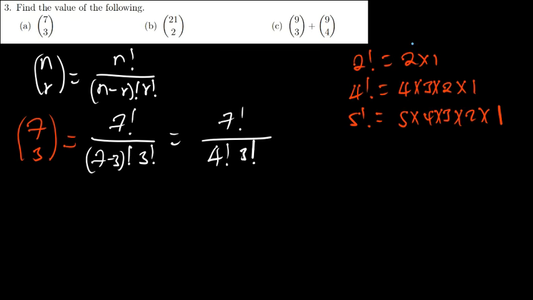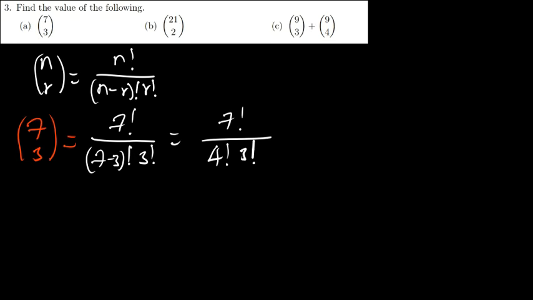Now, down here the biggest number I have is 4 factorial. So I'm going to express the 7 factorial in such a way that I leave 4 factorial. What I mean is this: 4 factorial is 4 times 3 times 2 times 1.